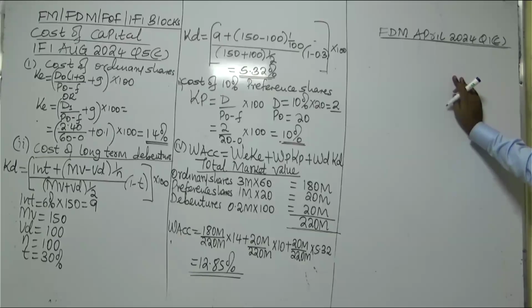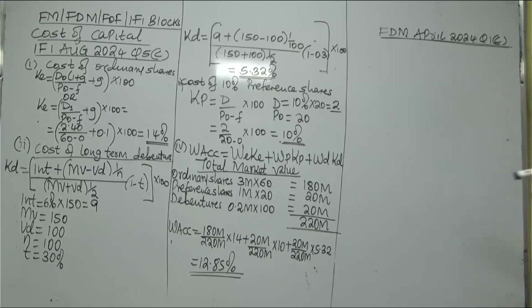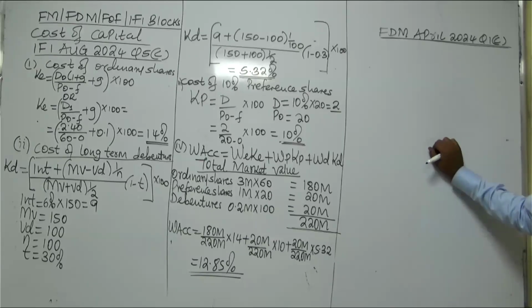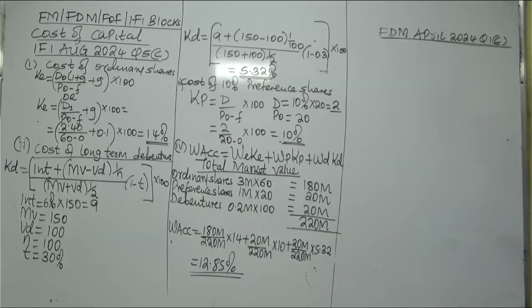The new ordinary shares will be issued at 70 each, with a flotation cost of 10% of the issue price. We've also been given that the firm's dividend policy is that future dividends are expected to grow at 8% each year in perpetuity. The firm paid a dividend of shillings 4 per share in the current year.